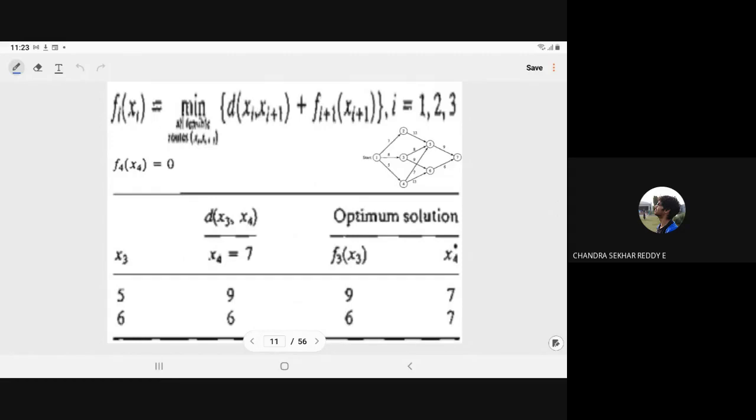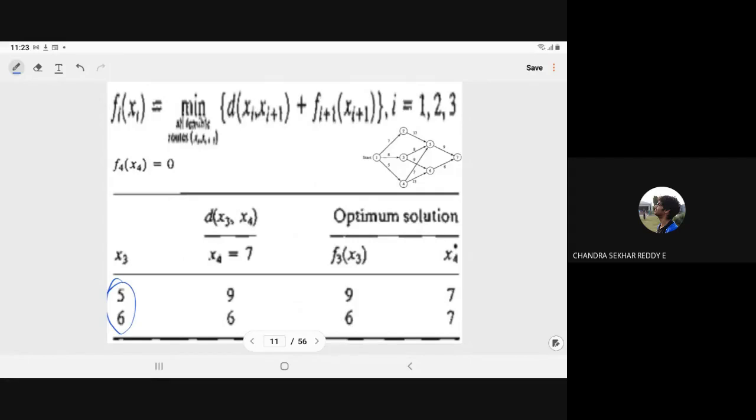So if you solve the same question by dynamic programming shortest route, you have to make a table like this. Here we want to reach nodes 5 and 6 from node 7, through the connected roads.